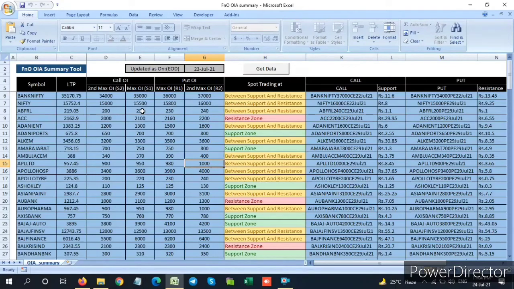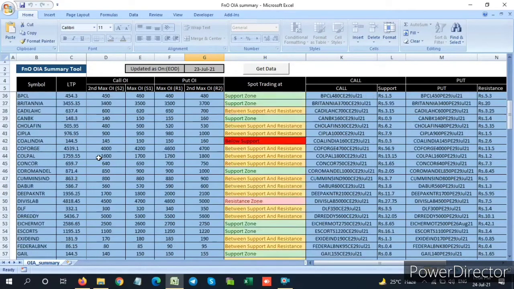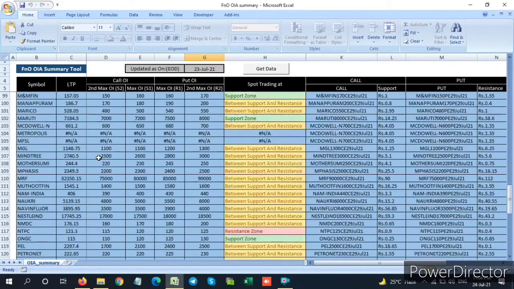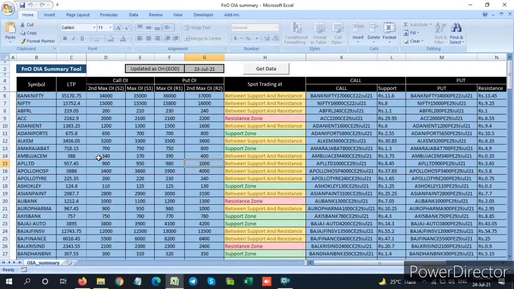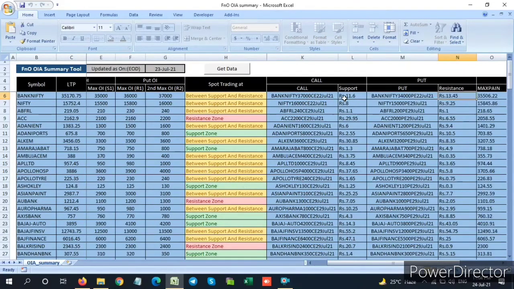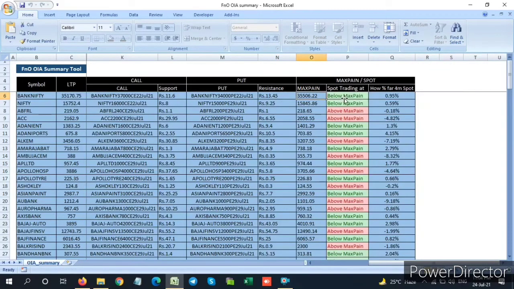Nifty, Bank Nifty, and all the stocks which are trading in futures and options. Of course, in the same way here also support 1, support 2, resistance 1 and resistance 2, and where the spot price is trading, near support and near resistance call price, put price, and max pain, where the current spot price is trading, and how much percentage it is far from max pain.